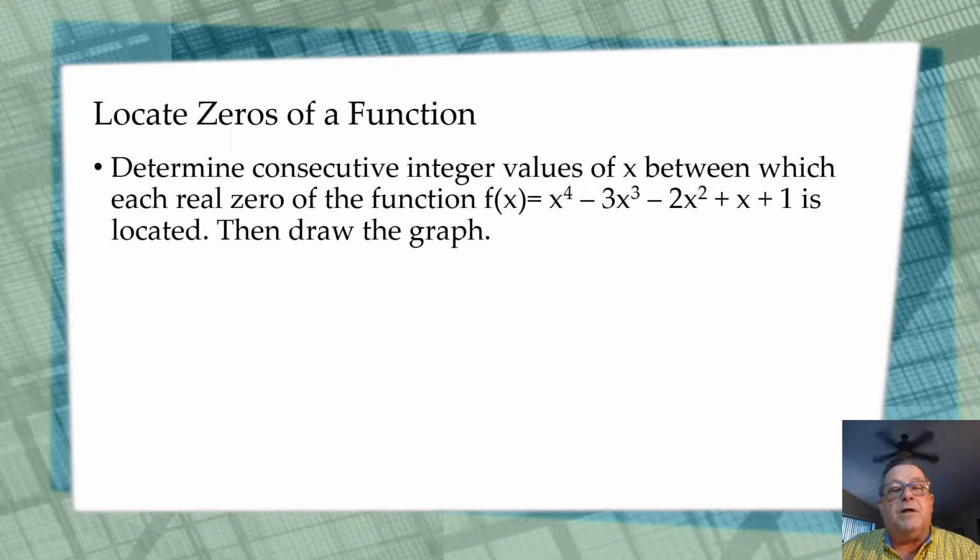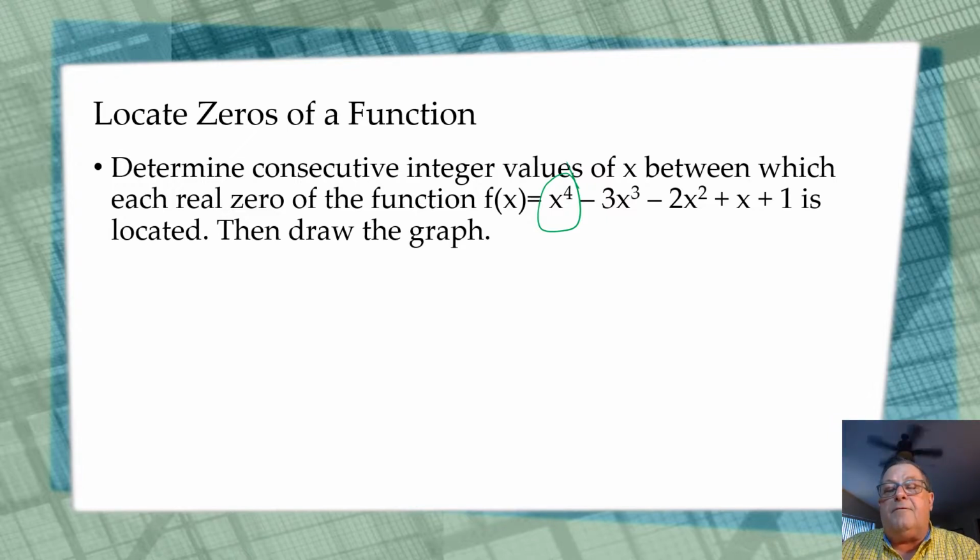Now here's our function: x to the fourth minus 3x cubed minus 2x squared plus x plus 1. There are things we can determine about this function. The exponent is an even number, which means the end behavior goes in the same direction. This is a positive x to the fourth, so our end behavior is going up, arms up.